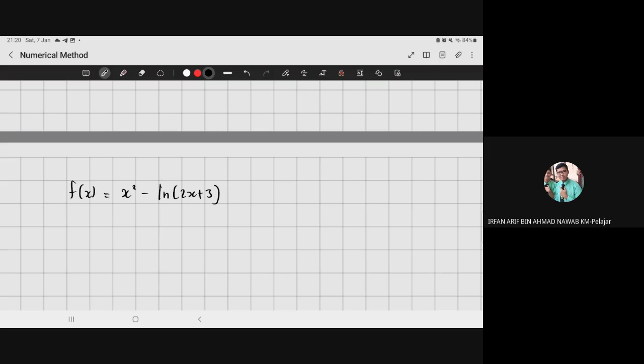So between -1 and 0, based on your tutorial, it seems that you corrected your interval, so it's okay. At least one root must lie between a and b if f of x is continuous.